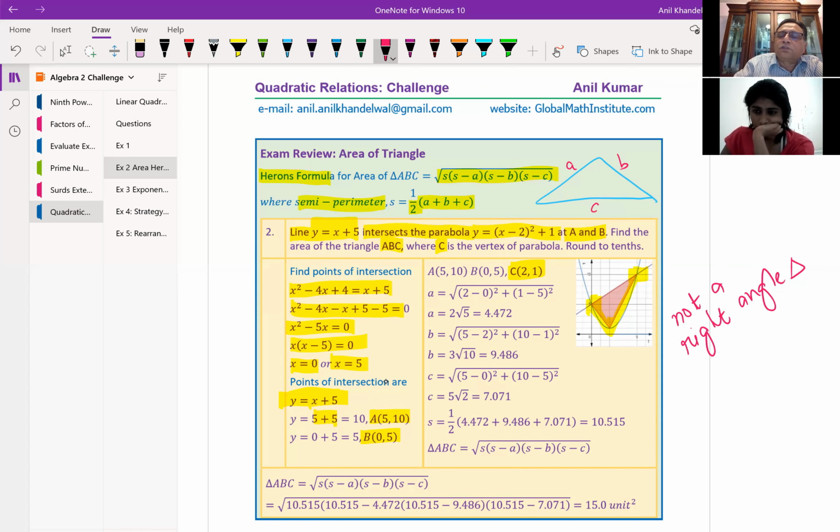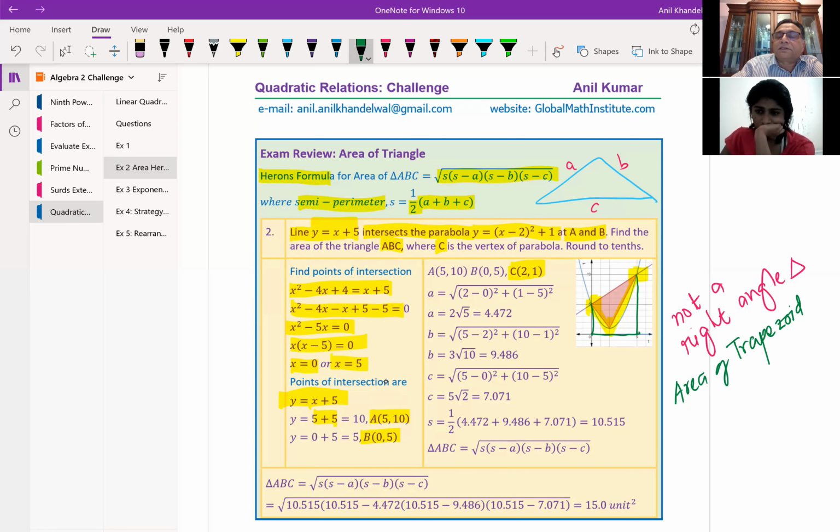So what you could do also, and that's not a bad approach, is apply it very easily, that this is a trapezoid, correct? So you can find the area of the trapezoid.